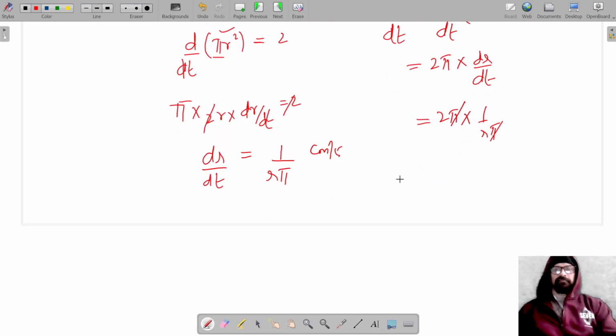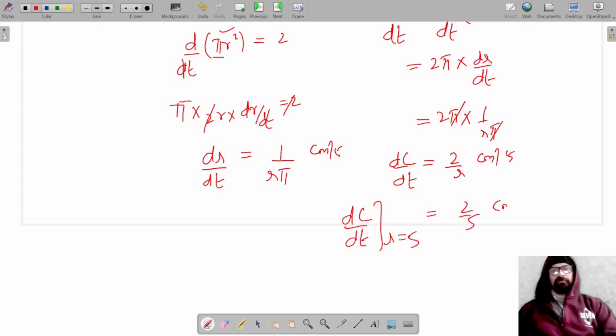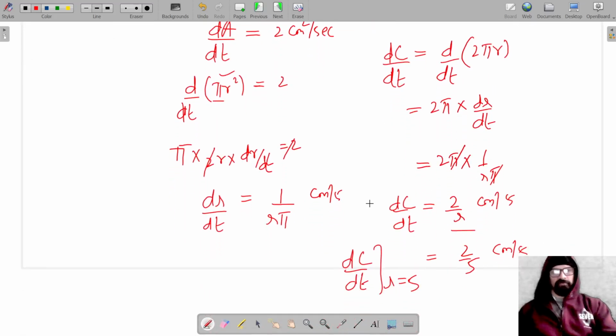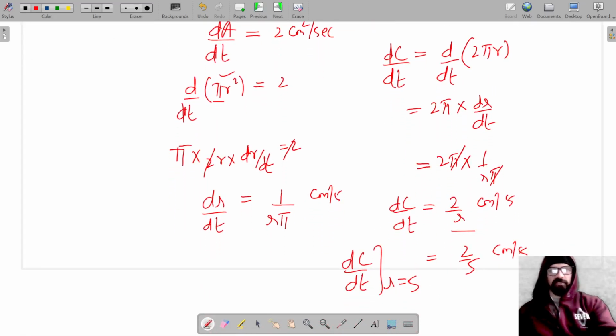This gets cancelled, so this is 2 by r centimeter per second. But we have to find the rate of change of circumference when r is equal to 5. Substitute the value of r as 5. So the rate of change of circumference when the radius is 5 is 2 by 5 centimeter per second.